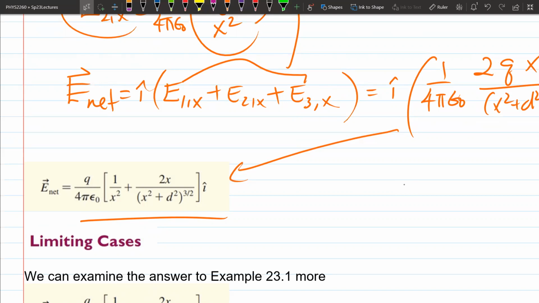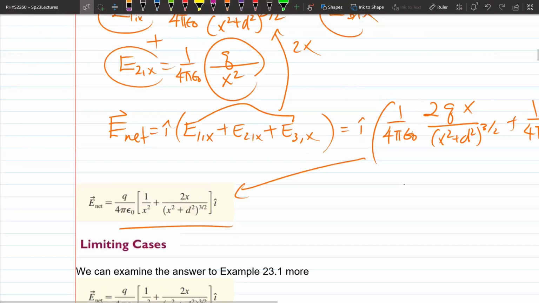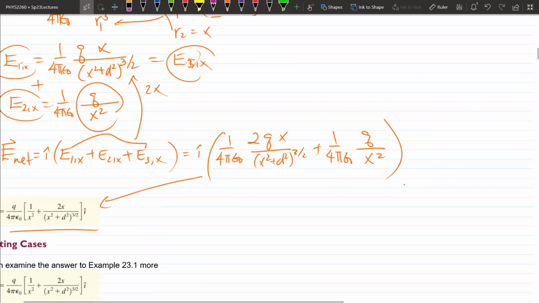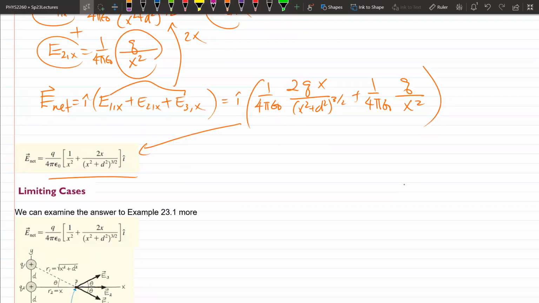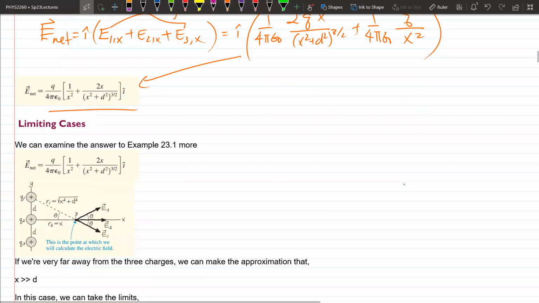This 1 over x squared, right, is from this term. If you factor out this, you just have 1 over x squared. The second term here is the one with the 3/2 power, okay? So that's how you calculate the electric field from 3 different charges, okay?